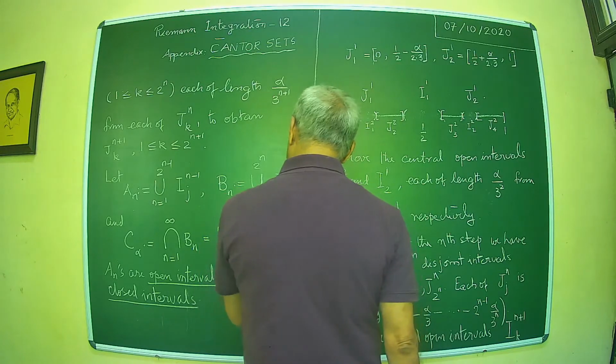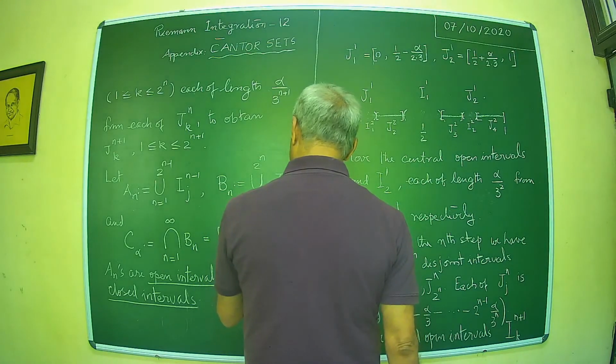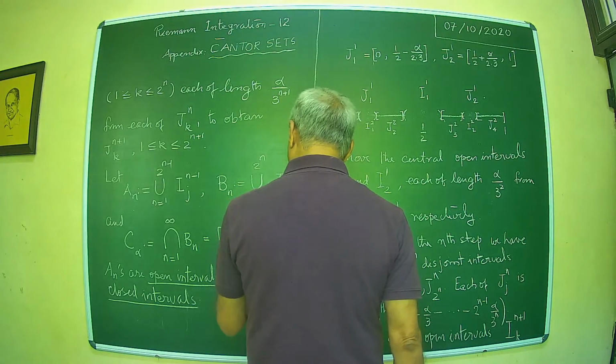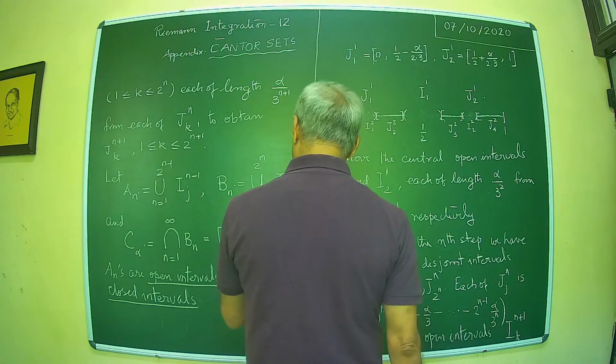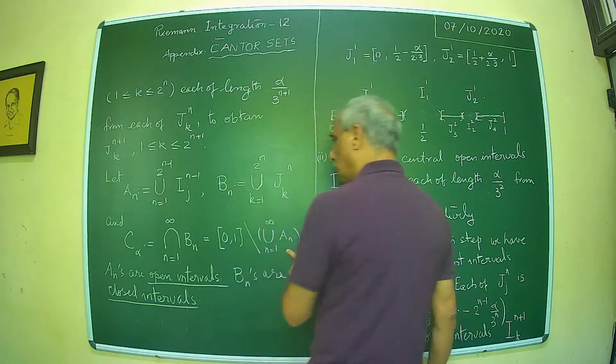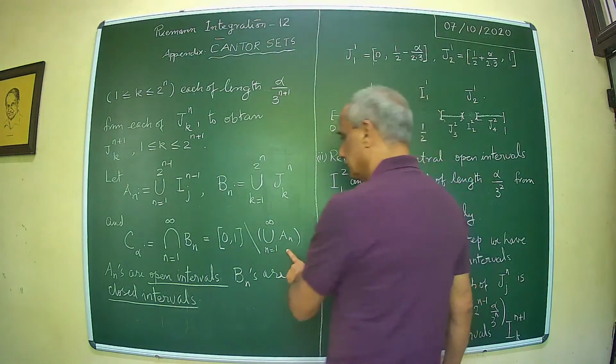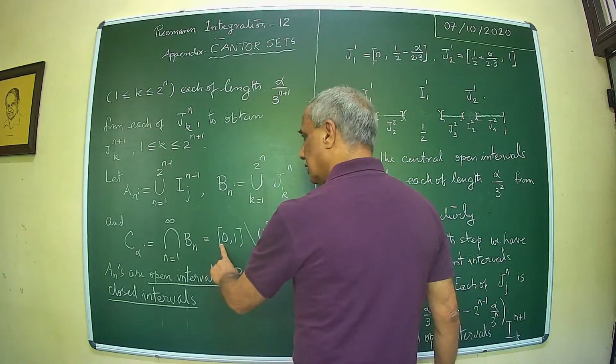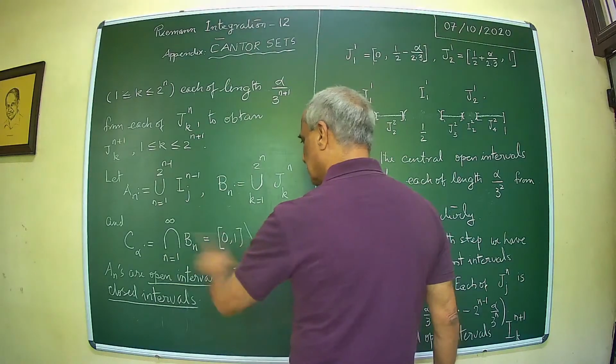You can argue it this way: 0, 1 is closed, and C alpha is the complement of the union over n equal to 1 to infinity of A_n, which is open inside the closed interval. Therefore, this is closed.